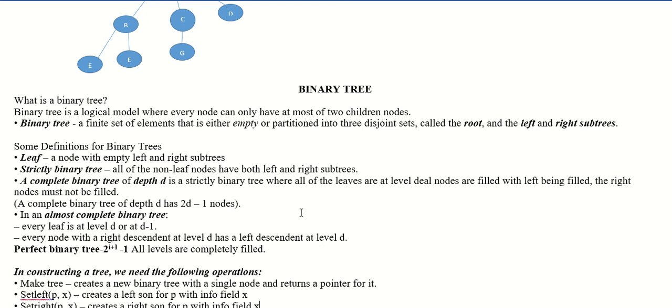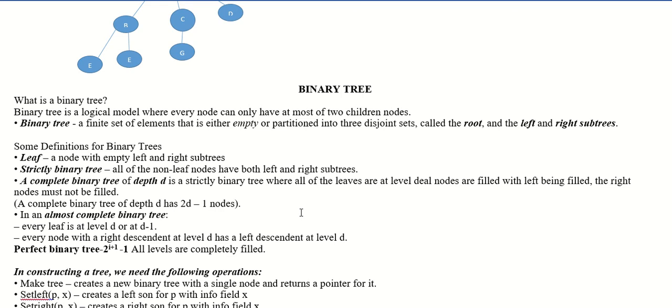The right node must not always be filled. So you find that a complete binary tree has some relationship with a strict binary tree, only that on one side the right node must not be complete.